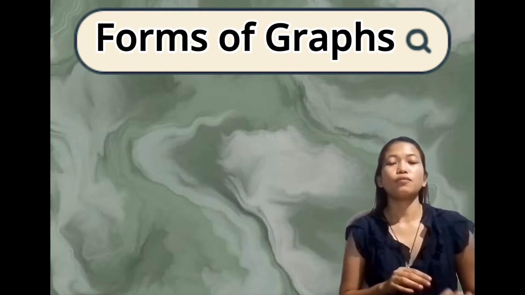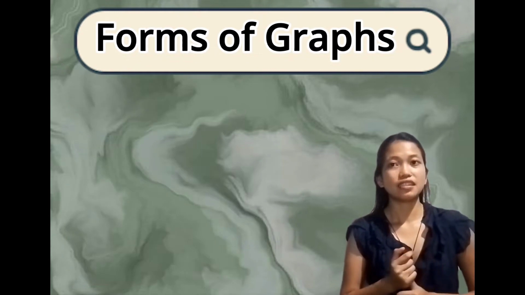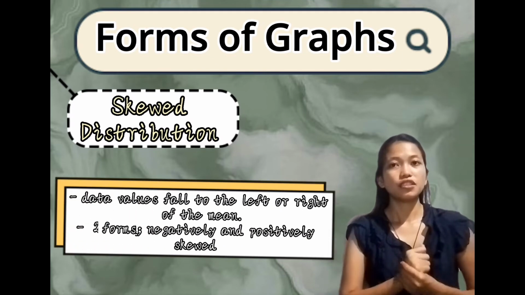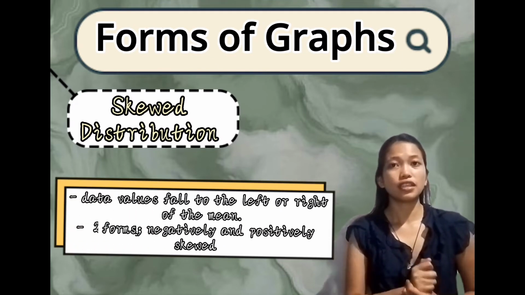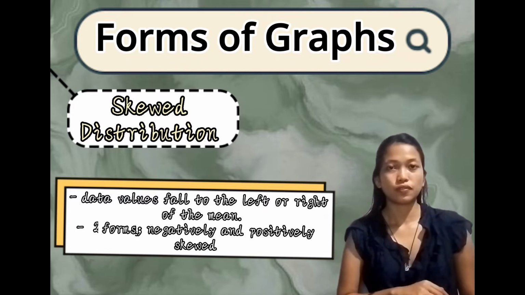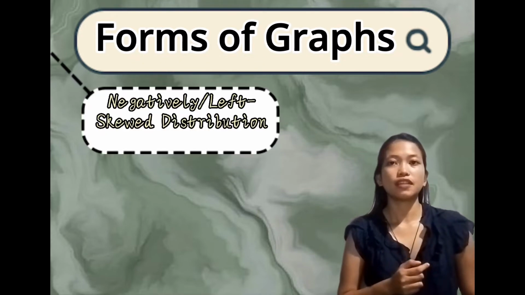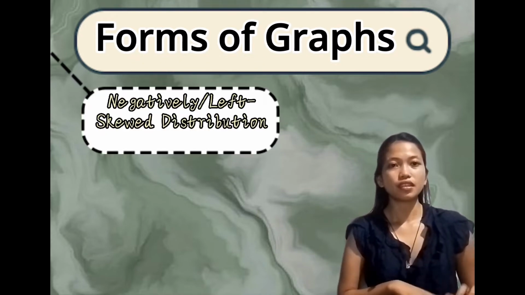Now, the next form of the graph is skew distribution. It happens when the data values fall either to the left or right of the mean, and it has two forms. First is the negatively or left skew distribution.